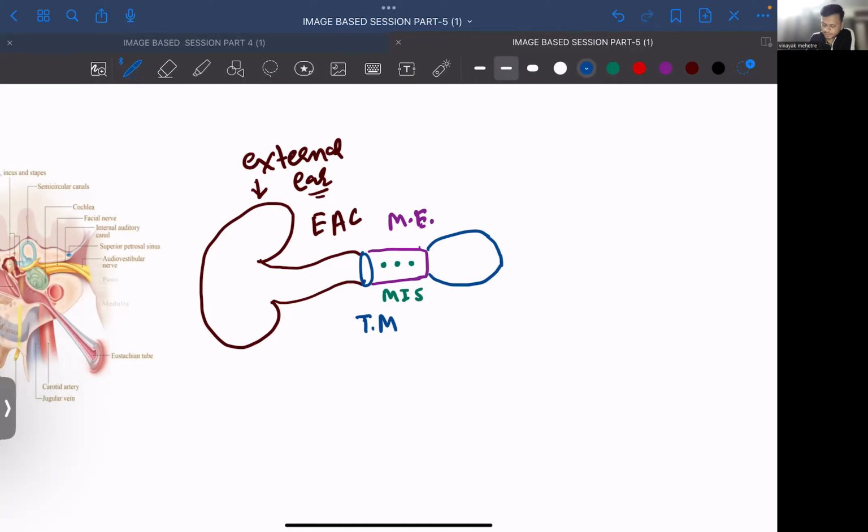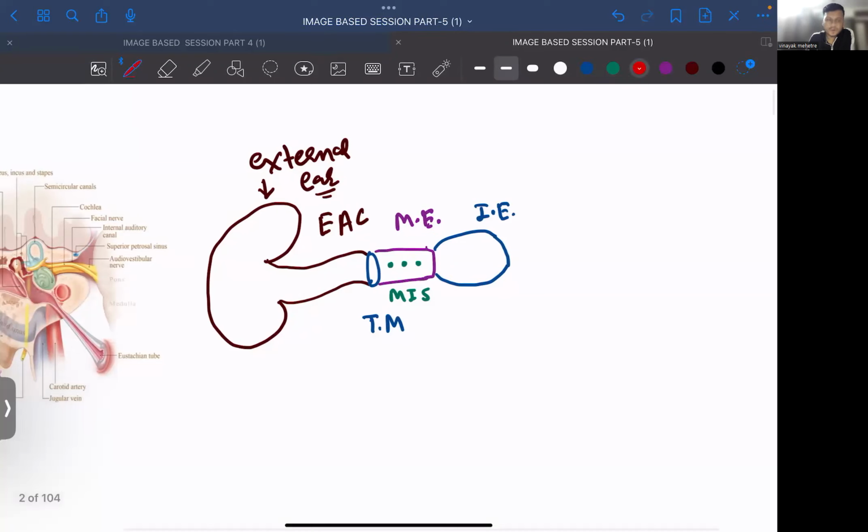What is inside the inner ear? We have the cochlea. The cochlea is connected to the brain by which nerve?